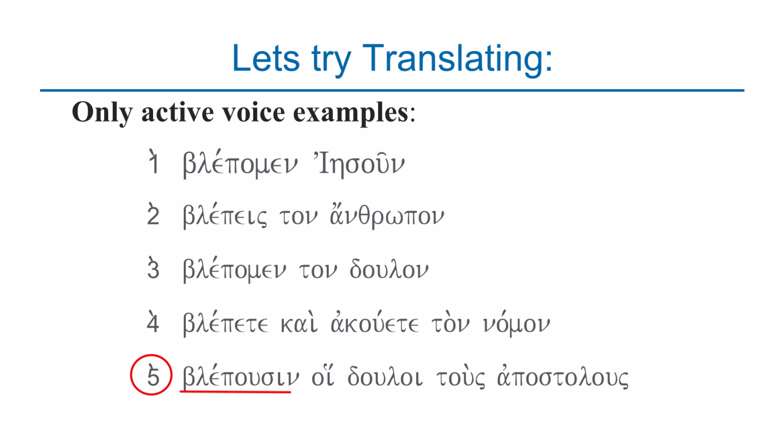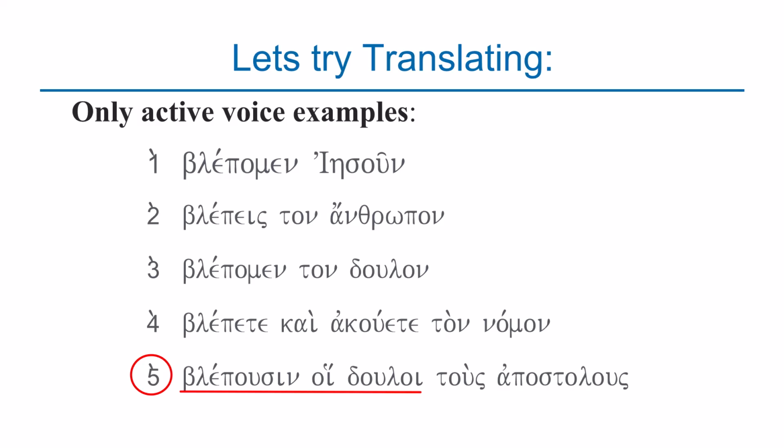So in this case, we're talking about blepo, which means to see. So the translation is they are seeing. But then we have to start with the subject of the sentence, which is hoi duloi, which means the servants. So the servants are seeing. You are not going to say the servants, they are seeing, because now when you bring it in English, English has to follow order.